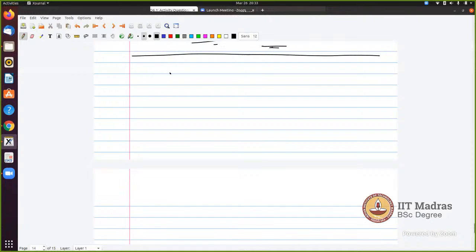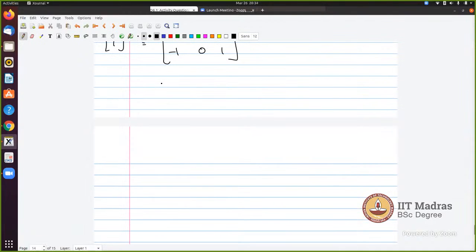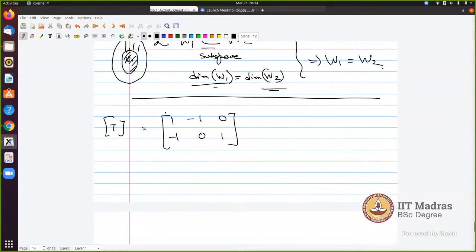Now go back to the linear matrix 1 minus 1 0, minus 1 0 1. This was the matrix we got. Now treat it as a separate matrix A. If we want to calculate the null space of it, let's see what happens. R2 plus R1 gives 0, 1, minus 1.